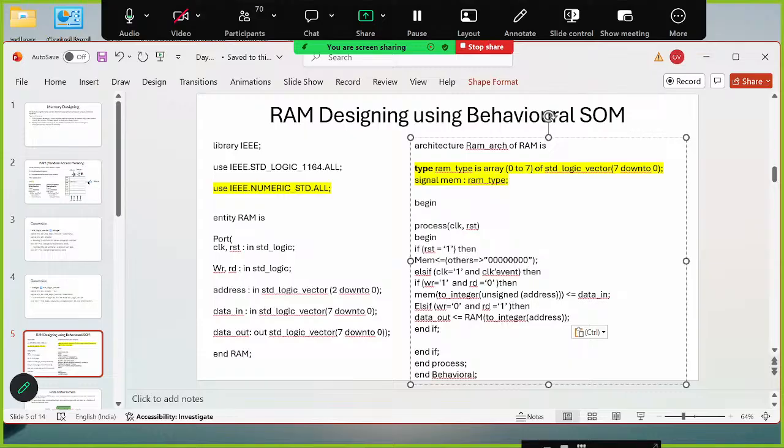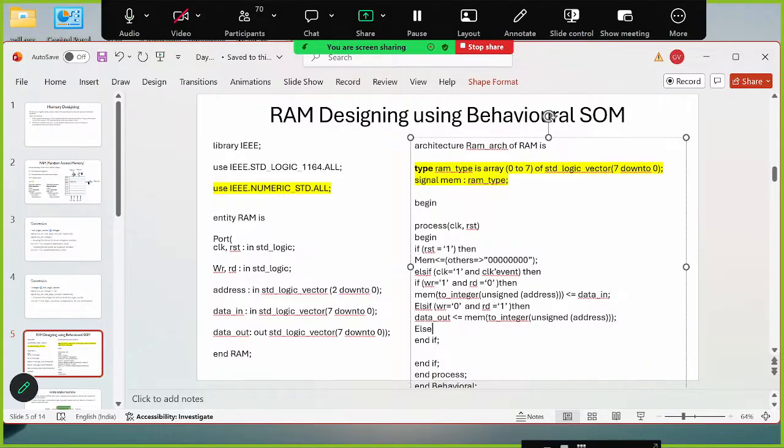Now this is the same thing which we have written over here. You can see I am copying the same thing at this side. Whatever data is available at a specified memory location, it should be output.